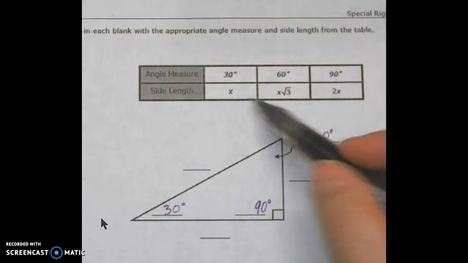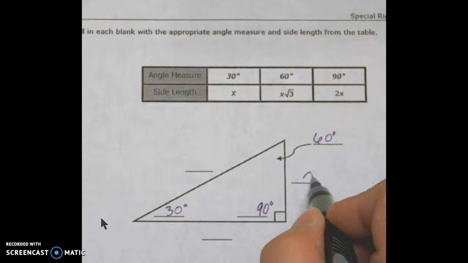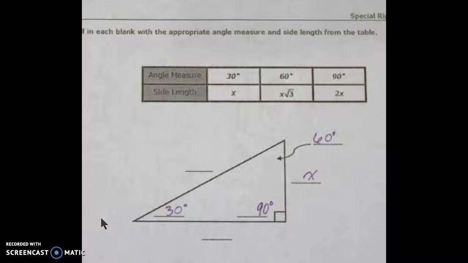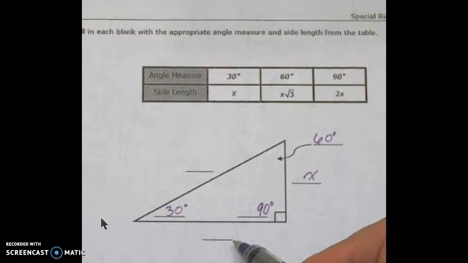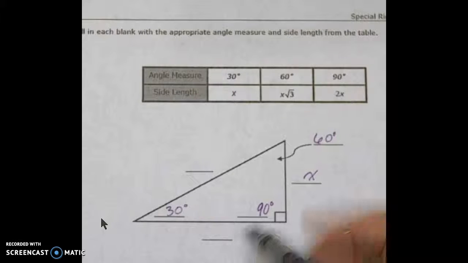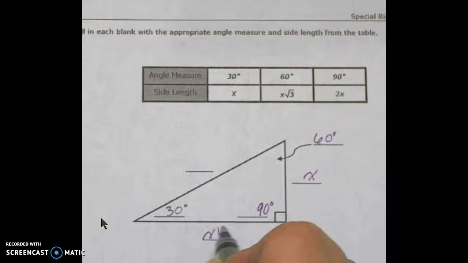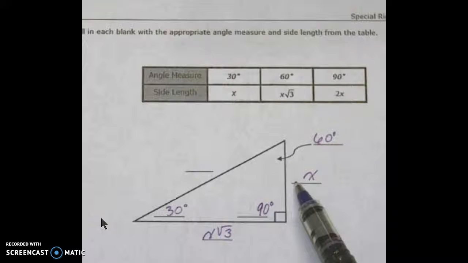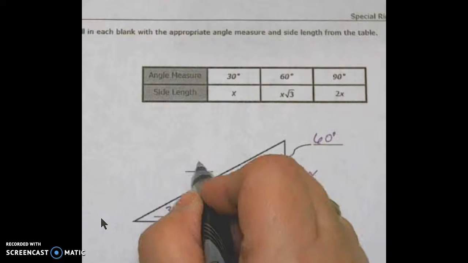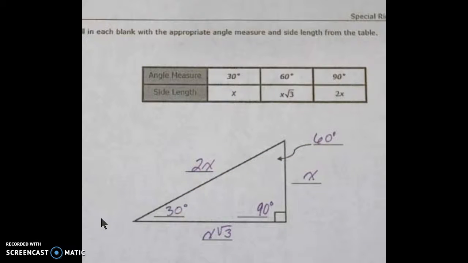The short side opposite the 30 degree angle is given a length of x. That longer leg, or the medium side, is the one that's the squirrely one with a square root in it, has the length of x square root 3. And my hypotenuse is always twice the length of my short side, so my hypotenuse has a length of 2 times x.